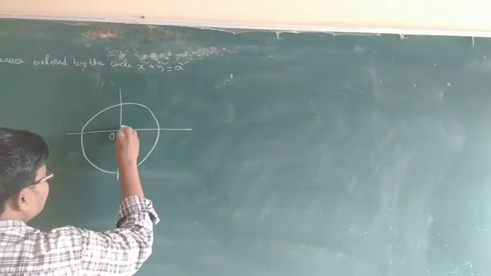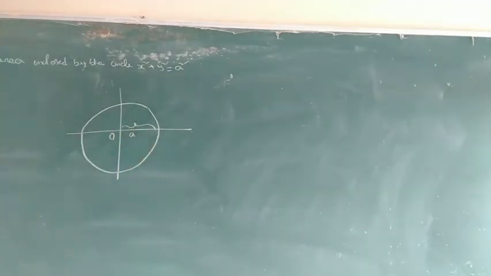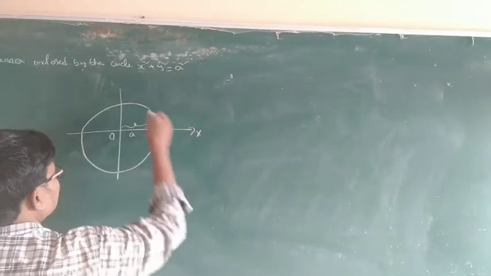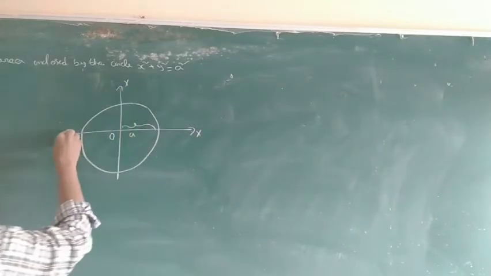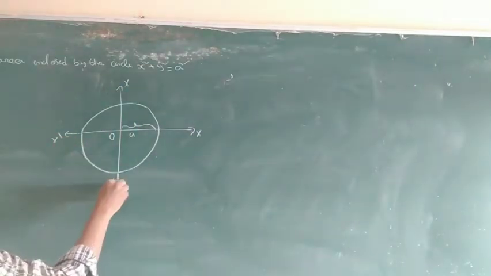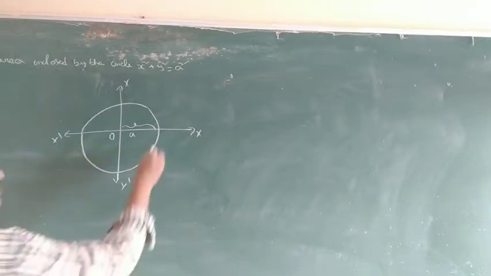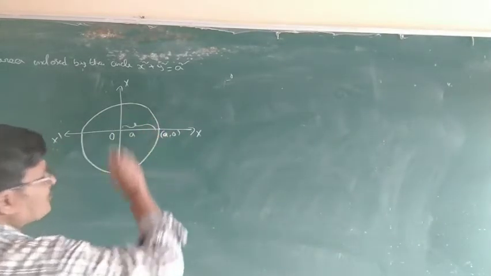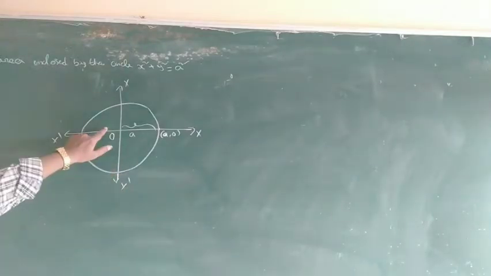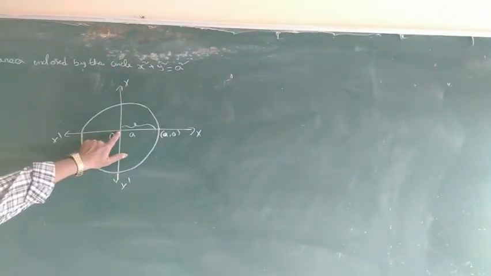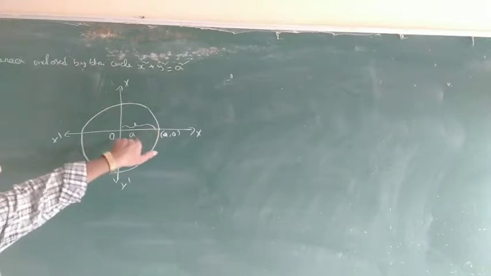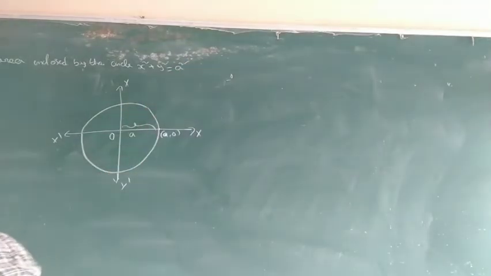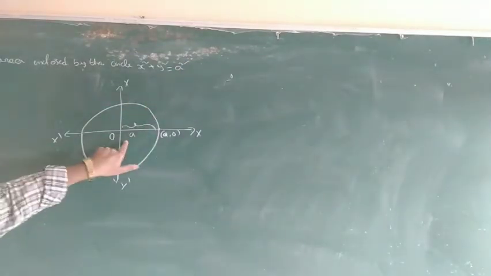This is the radius a. This is the x-axis, y-axis, x dash, y dash. So this point a comma 0 is fixed. In the first quadrant, the circle has center 0 0 and radius a.